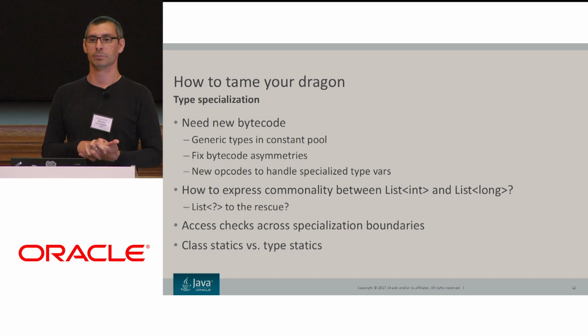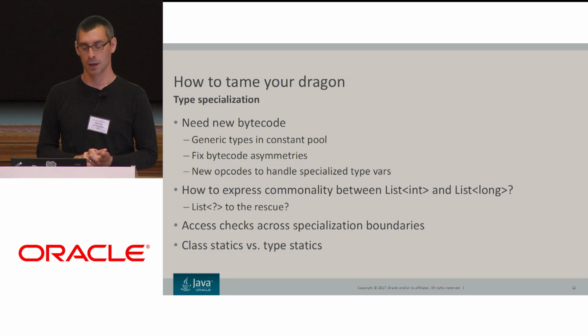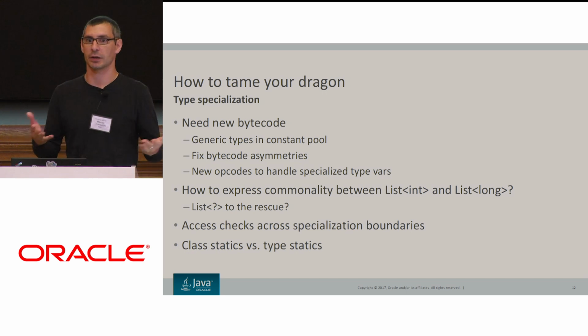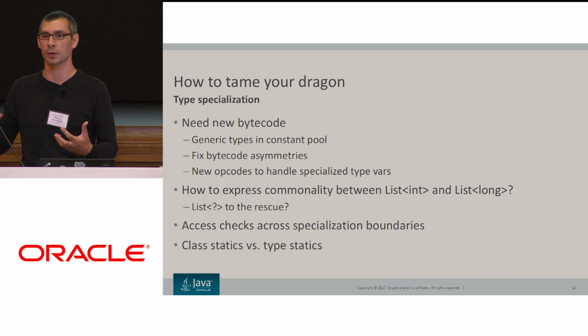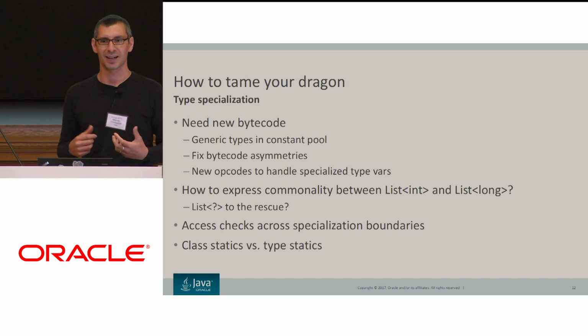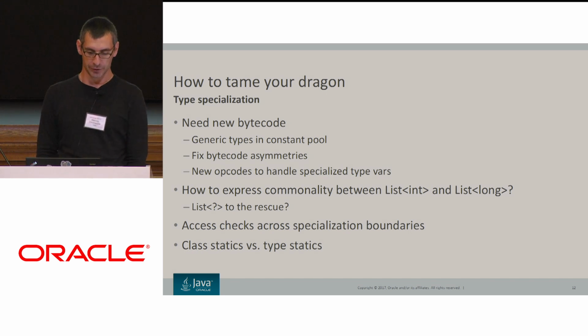The first problem is that you're going to need a complete bytecode overhaul because generics are not expressed in the bytecode today. So we need a way to encode type information, generic type information, in the constant pool in some form because the VM is going to need to inspect that. There are also a lot of bytecode asymmetries.